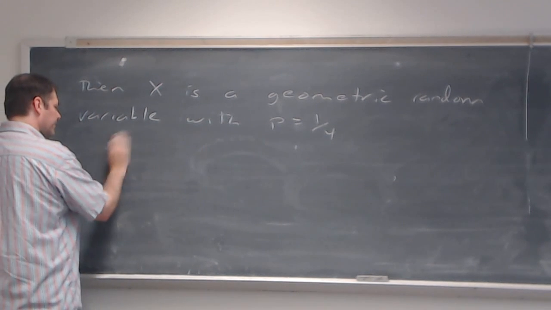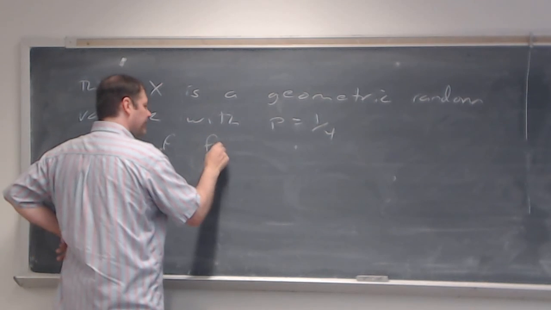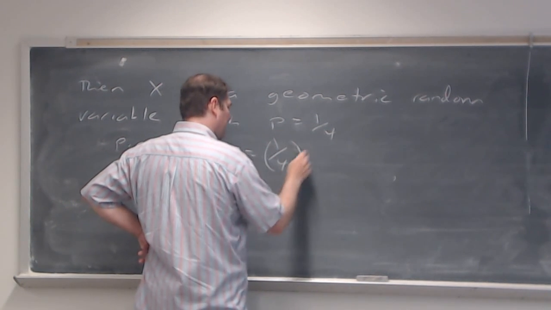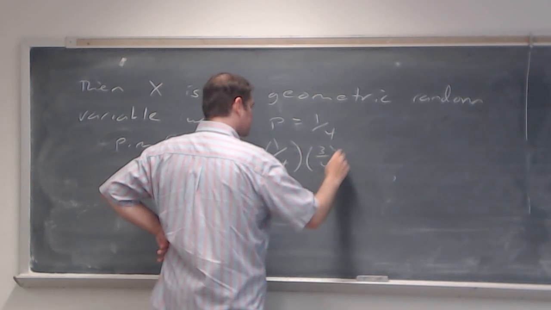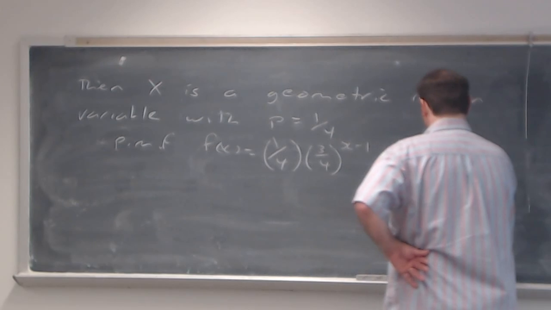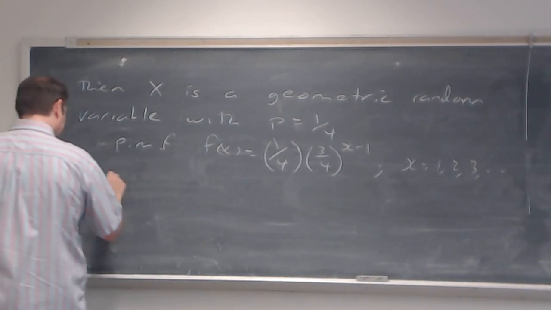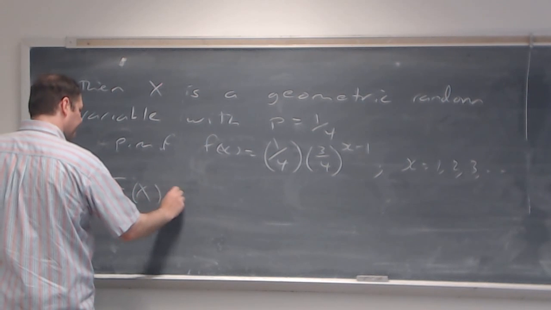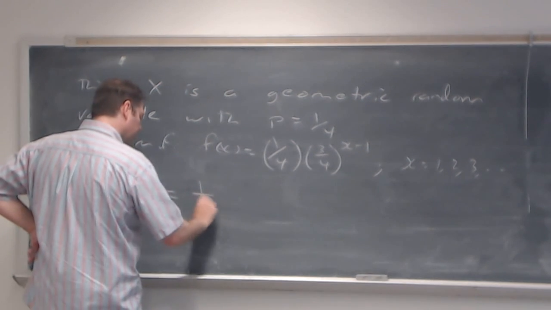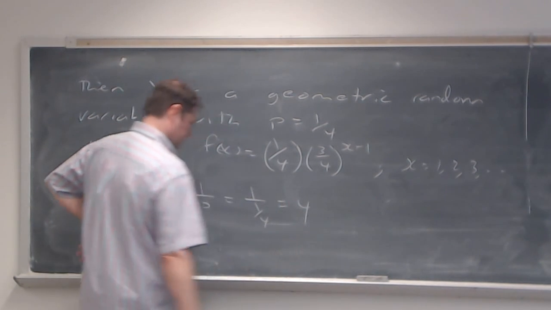The p.m.f. is f of x equals 1/4 times (3/4) to the x minus 1, where x is equal to 1, 2, 3, forever. Expected value of x, that's 1 over p, which equals 1 over 1/4, which equals 4.